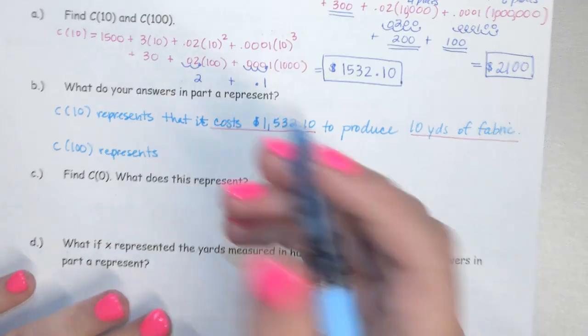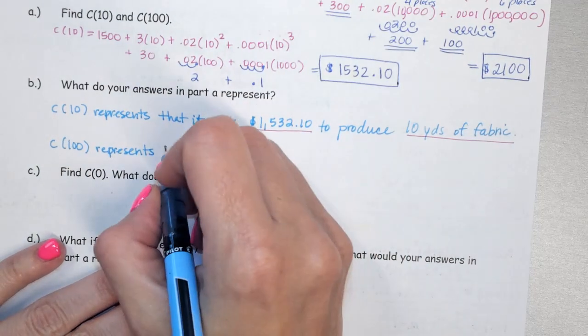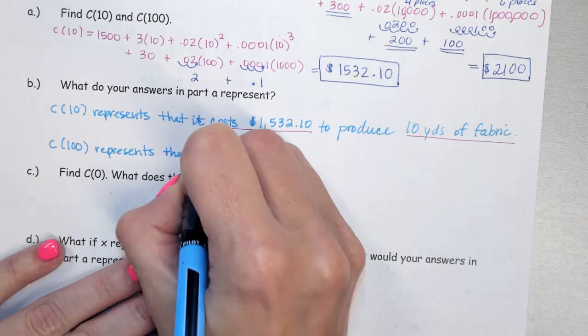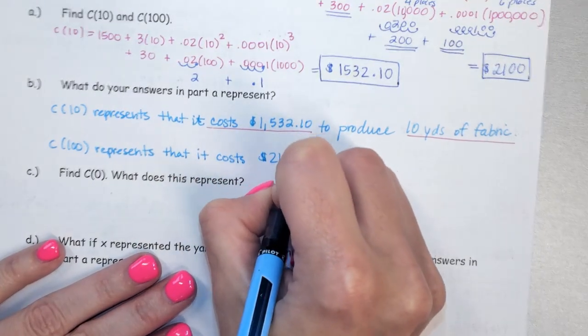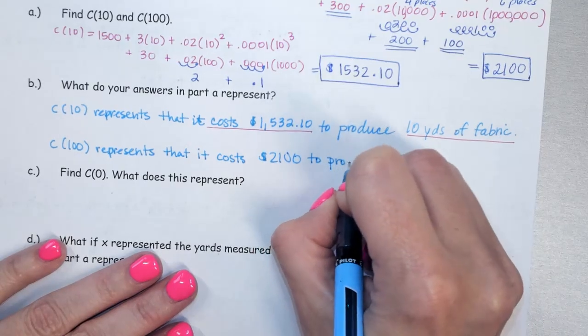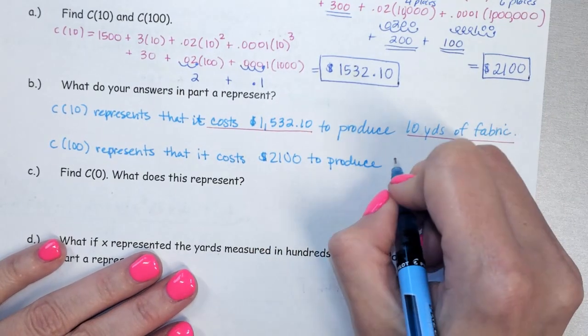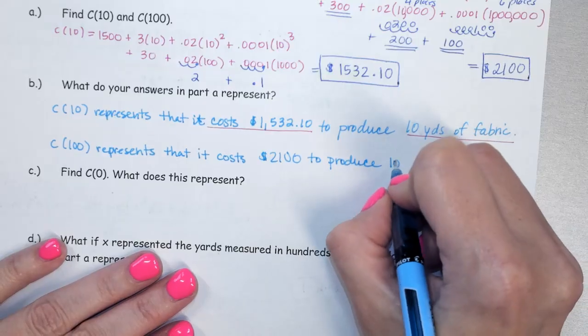Okay, and then for C of 100, that represents that it costs the $2,100 to produce, and that was 100 yards of fabric.